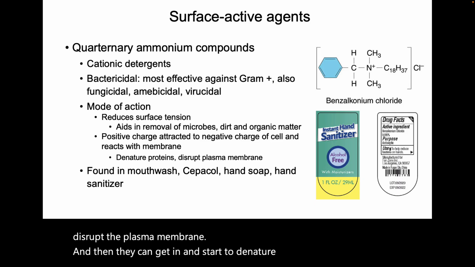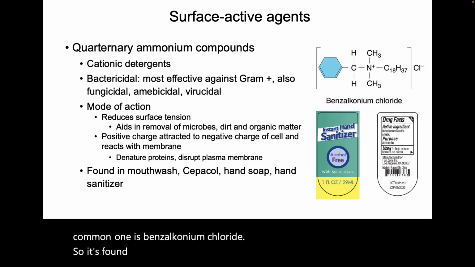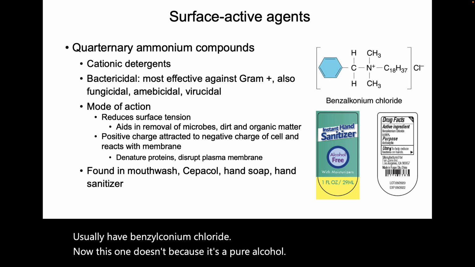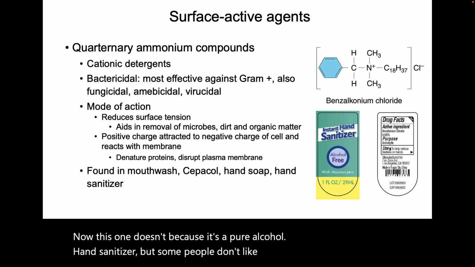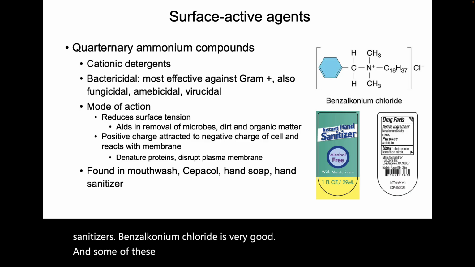A really common one is benzalkonium chloride. It's found in mouthwash, hand soap, and the alcohol-free hand sanitizers usually have benzalkonium chloride. Now this one doesn't because it's a pure alcohol hand sanitizer. But some people don't like the alcohol-based hand sanitizers. Benzalkonium chloride is very good.